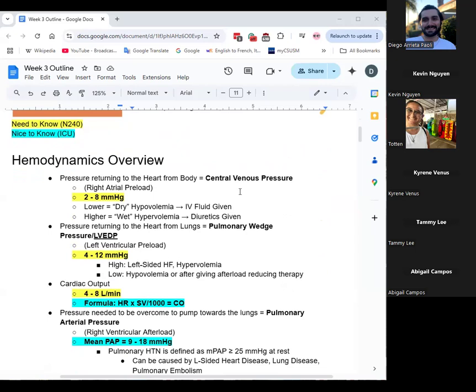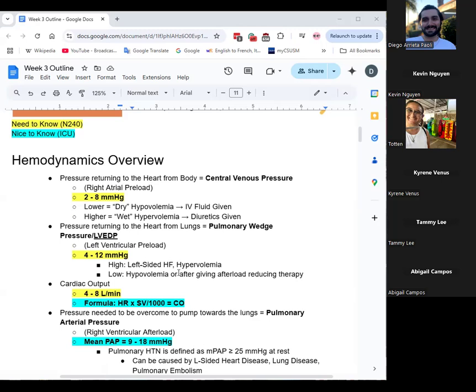We discussed how having a higher number is associated with what they call wet, so hypervolemic, in which case we need to give diuretics. Because the CVP is that measurement of the pressure returning to the heart from the body, this is essentially all that fluid your heart is working with to reoxygenate and then pump back out into the body.